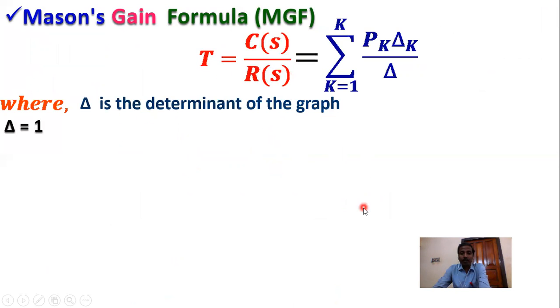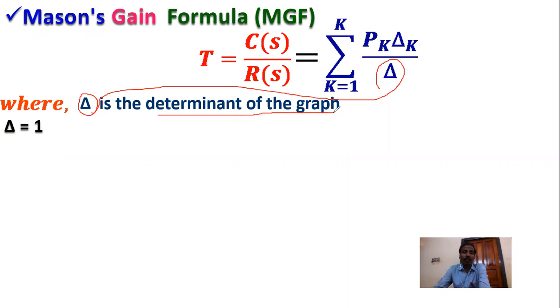Where, in this formula, delta is the determinant of the graph.